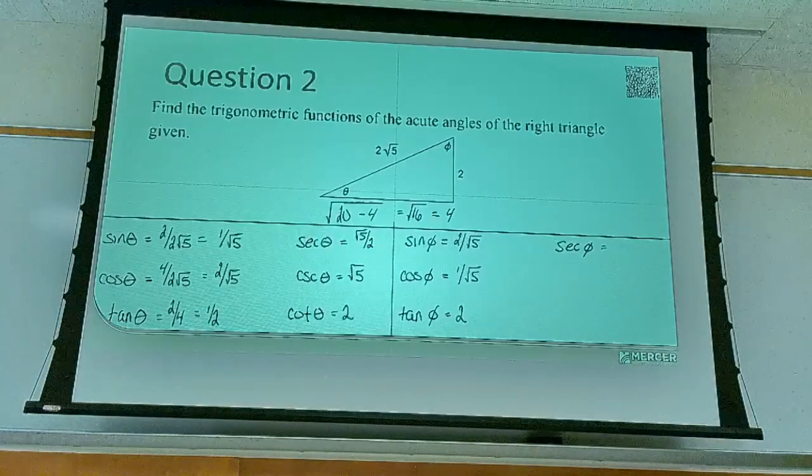Secant phi. Square root of 5. Cosecant phi. Square root of 5 over 2. Cotangent phi. 1/2.